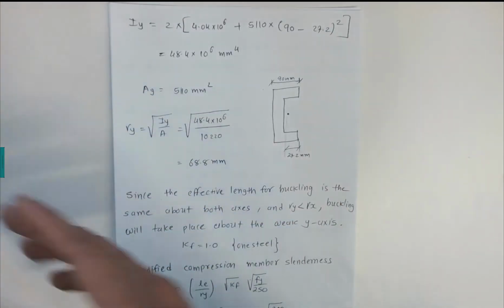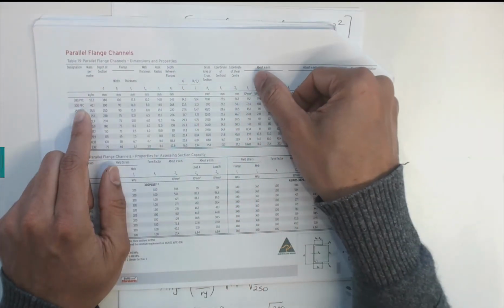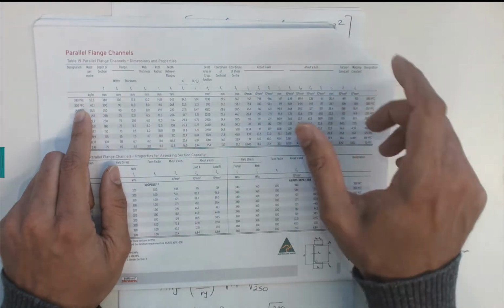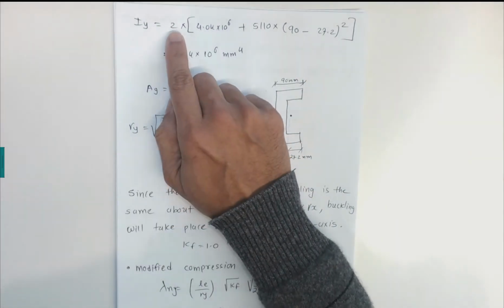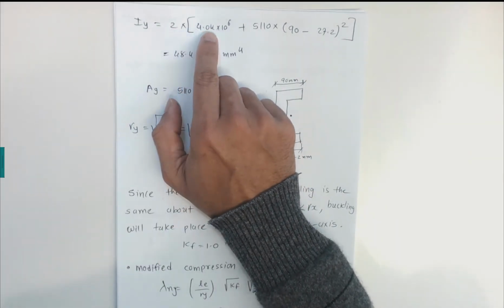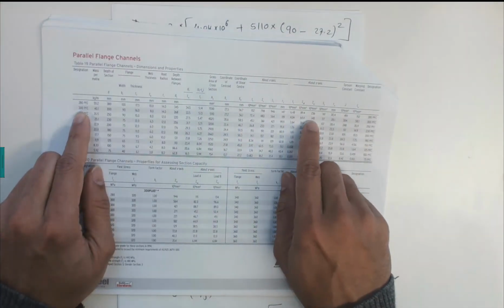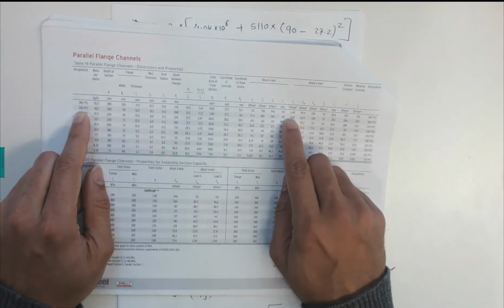In this 300 PFC table, the moment of inertia about the y-axis is given as 4.04 times 10 to the power 6, but that is for a single channel. We need to find it for double channels, so we need to multiply by 2 because we have two channels.